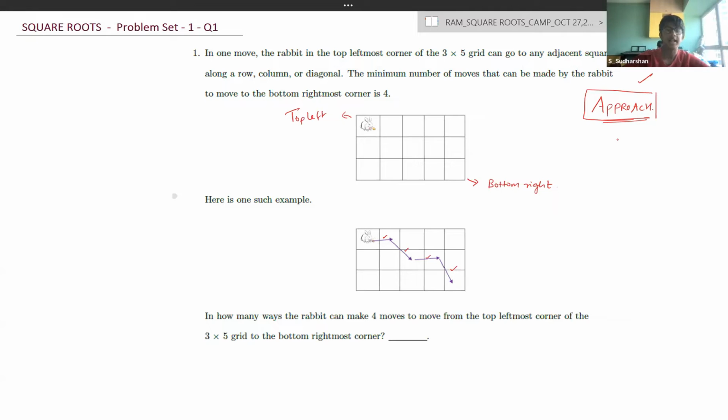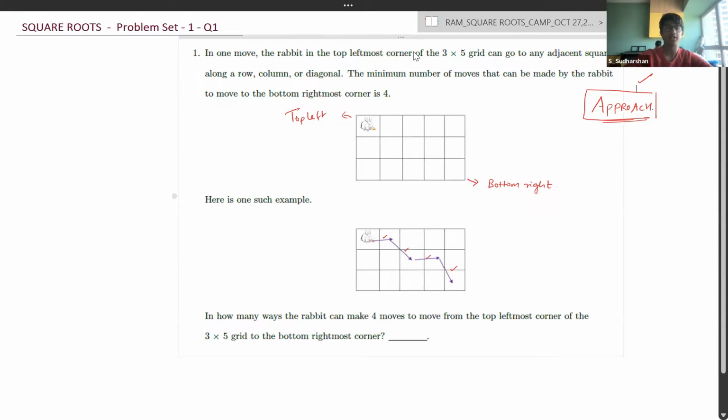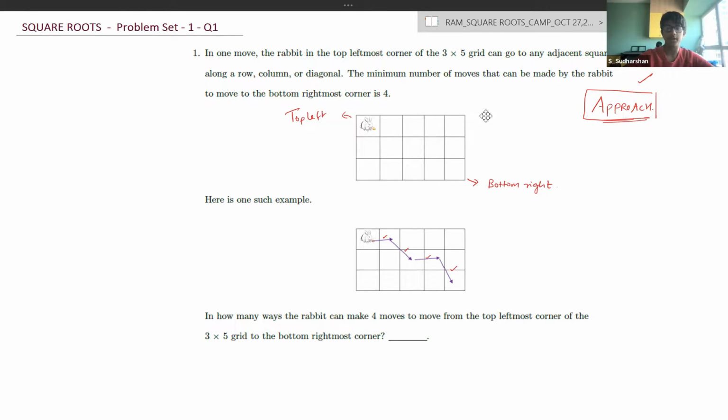Yes, sir. I'm not sure, but I got 12 for this answer. Basically, I divided these arrows.